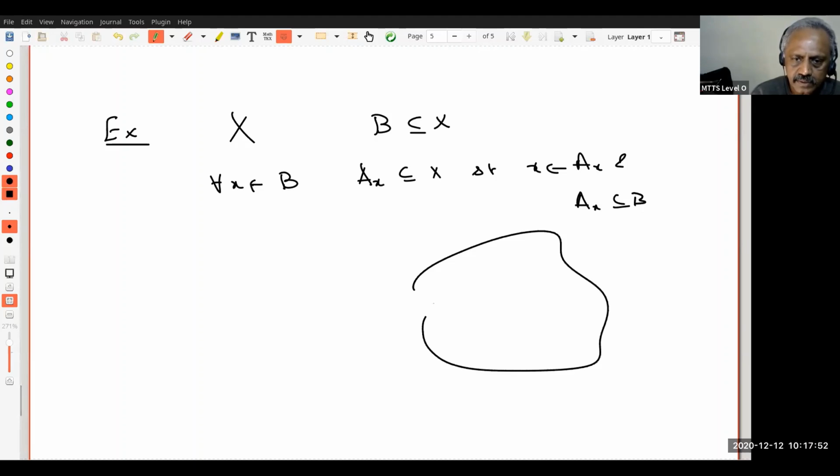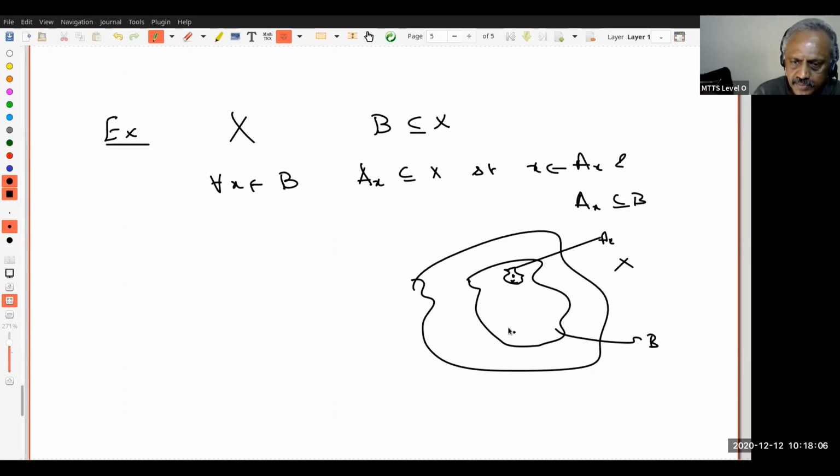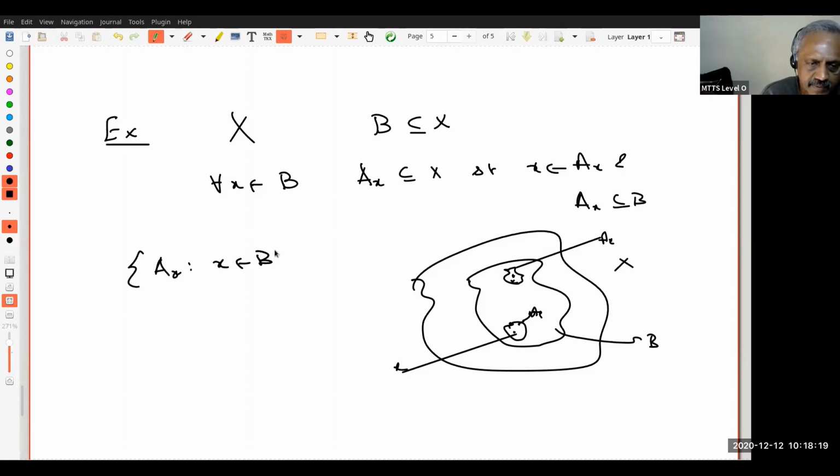So I have X, let us say this is my B. Then I have an A_x. This is my A_x, and A_x contains x and is contained in B. If you give me some other x, this is my x, this is my A_x, and that is contained in B. Now I have the indexed family A_x, x in B.